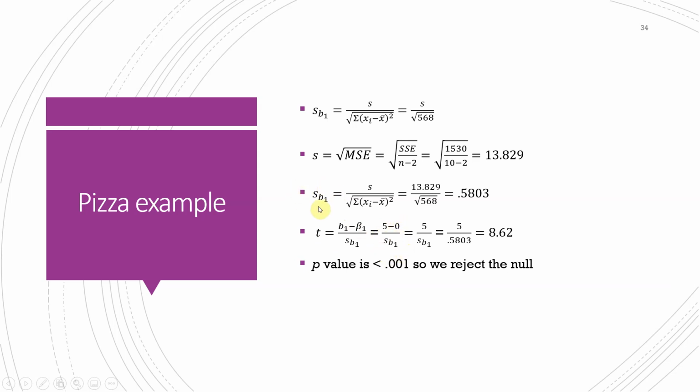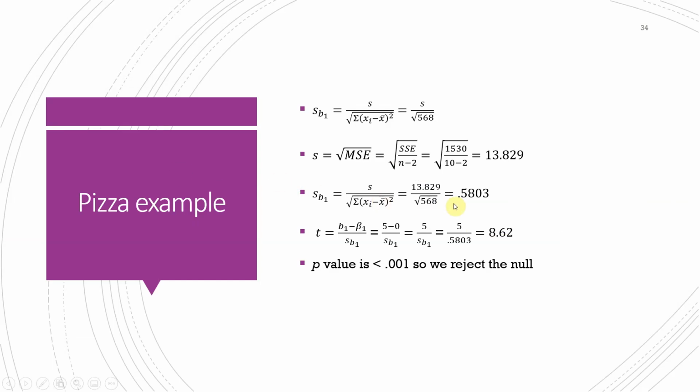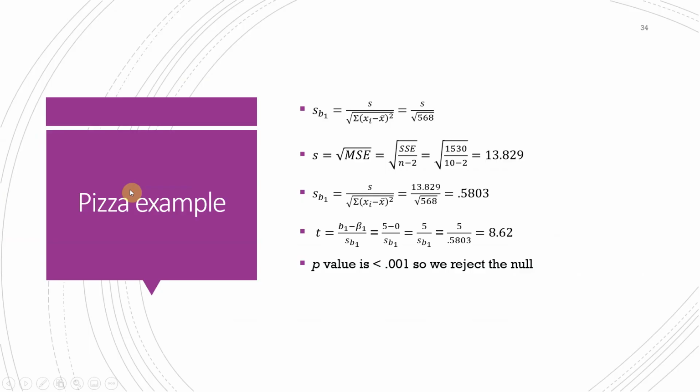So if we need SB1, we needed s, which we just calculated, and we have to divide it by this value right here, which we had already calculated, the square root of 568. So we have this value divided by the square root of 568, and we get 0.5803, with some rounding.